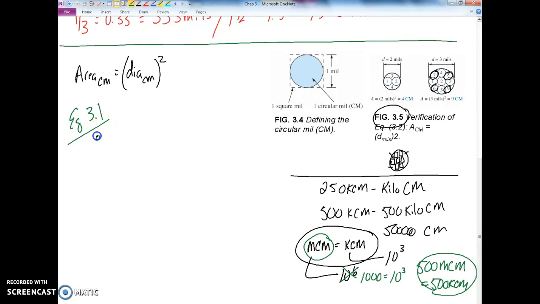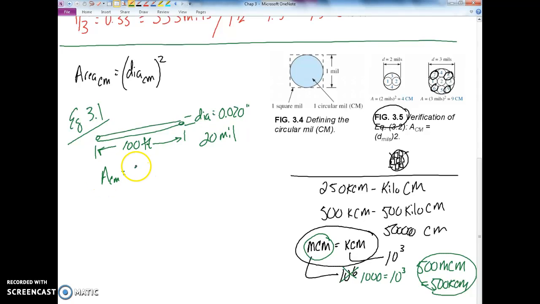So we have some length of wire that is 100 feet long, and the diameter is 0.020 inches, which hopefully quickly now would be 20 mils, right? Then the area of that conductor in circular mils, you simply take that 20, square it, and I get 400 circular mils. An area.